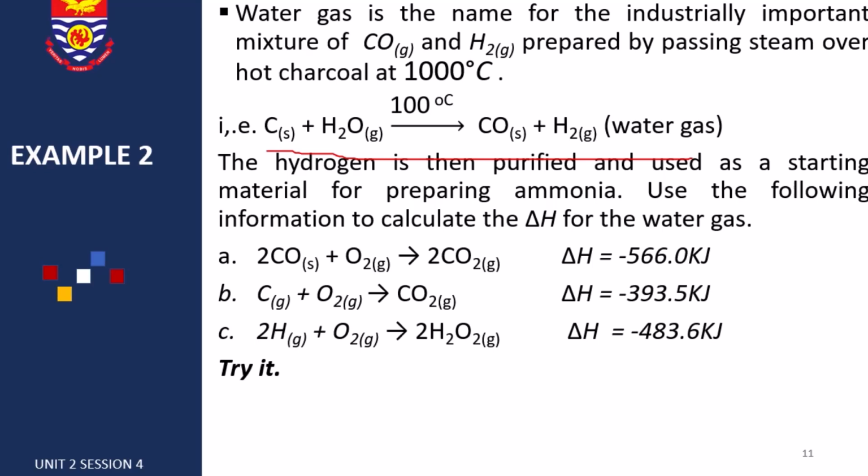So in this example, we are supposed to maintain carbon and water as our reactants, and carbon monoxide and hydrogen gas as our products. So in our first reaction, we have carbon there, and we are going to reverse reaction A, which will give us 2 moles of carbon dioxide going to give us 2 moles of CO plus oxygen gas.